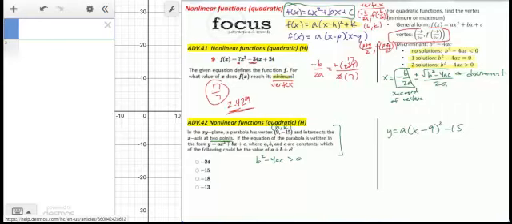If I expand this binomial square, I get x squared minus twice the product of these terms, so x times a negative 9 doubled is negative 18x, plus this last term squared, so negative 9 squared is plus 81, minus this 15. And so again, I'm going to distribute to get rid of my grouping symbols. I distribute this a, I get a x squared minus 18 times a x plus 81 a minus 15.